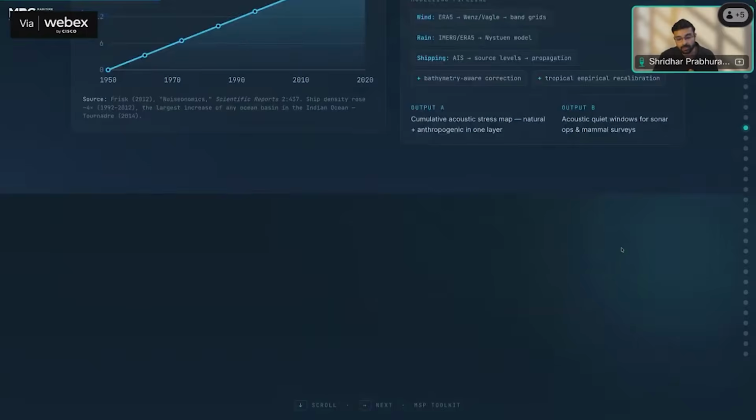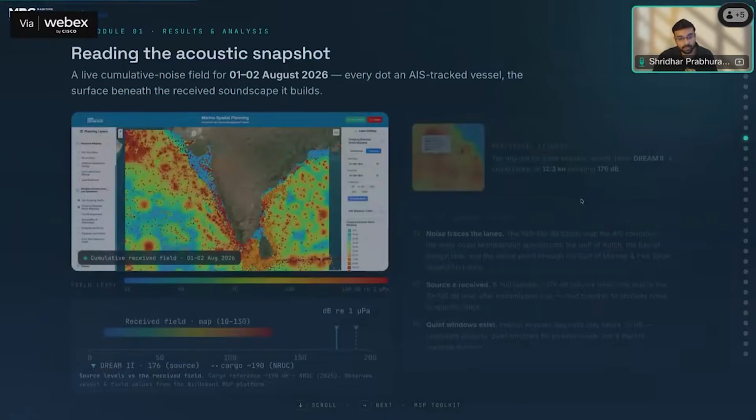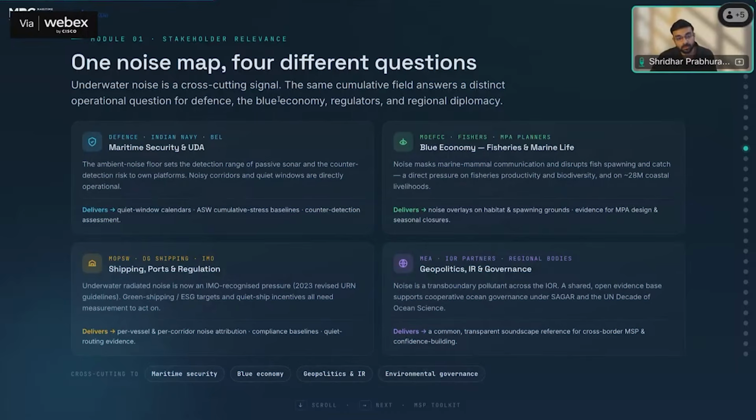So we want to have a way to identify, inspect, and capture the instantaneous noise. And this is important for stakeholders across different aspects.